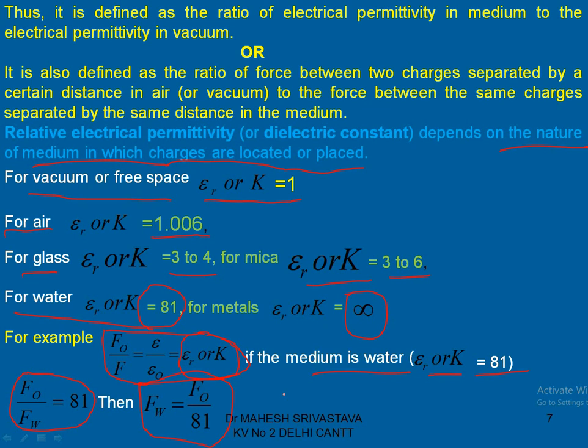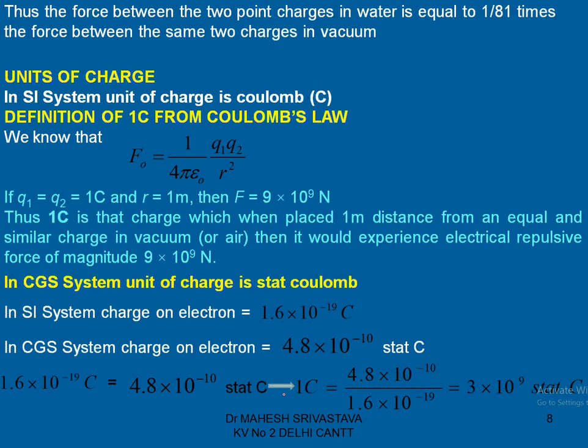It means the force between the 2 point charges in water is equal to 1 upon 81 times the force between the same 2 point charges placed at the same distance in vacuum. So from here we conclude that if the medium between the 2 point charges changes, then the force between them also changes.